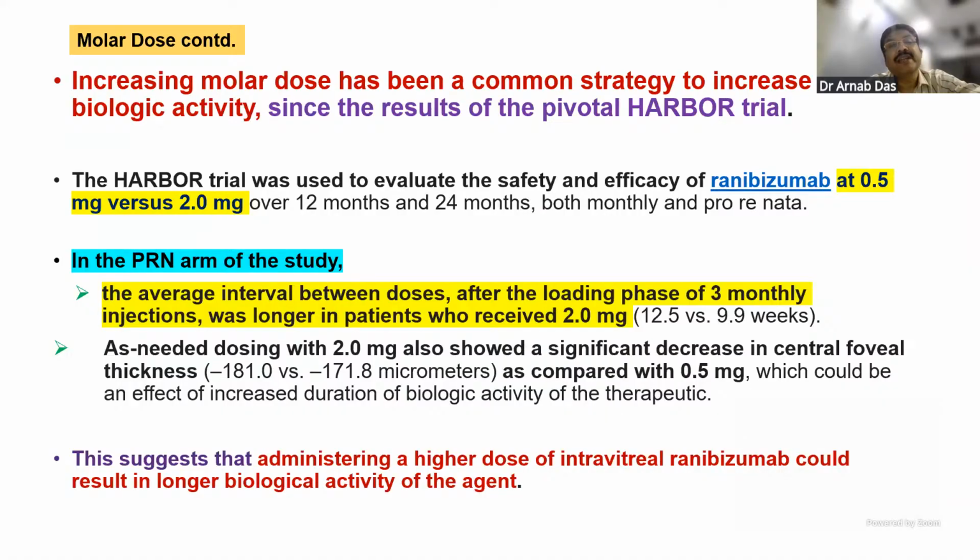Increasing molar dose has been a common strategy to increase biological activity since the results of the pivotal HARBOR trial, which looked into ranibizumab 0.5 milligram versus ranibizumab 2 milligram. In the PRN arm of the study, the average interval between doses after the loading phase of 3 monthly injections was longer in patients who received 2 milligram. This suggests that administering a high dose of intravitreal ranibizumab could result in longer biological activity of the agent.